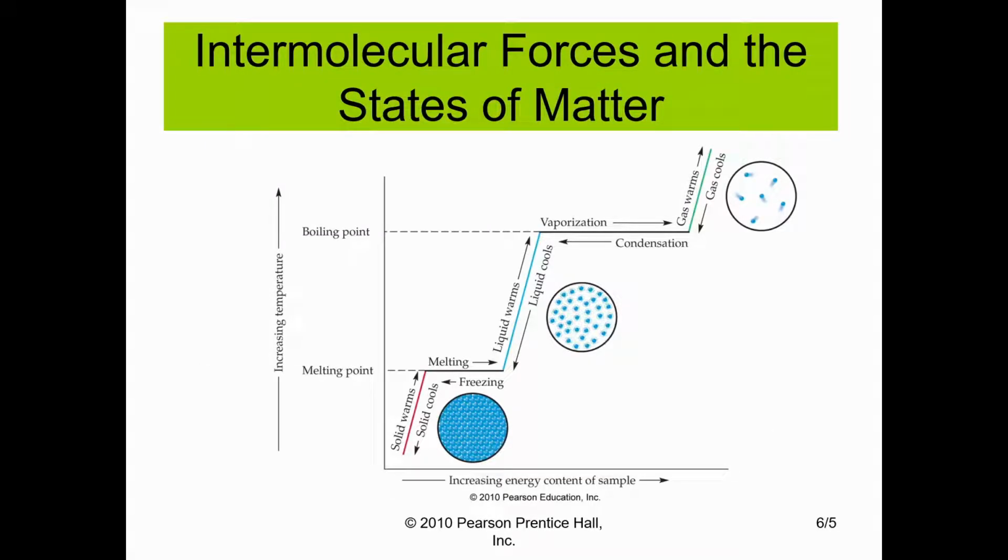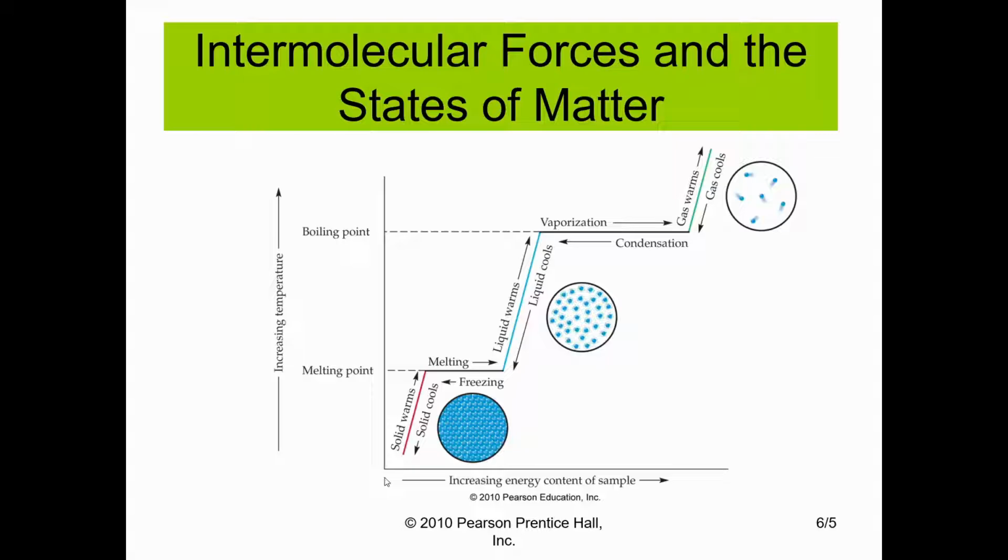If you recall, we talked about the amount of energy contained in a sample causing the bonds to move and vibrate at a higher rate. This is a direct relationship to the state changes. On the x-axis of this graph, we have the energy content of the sample, and on the y-axis we have the temperature.